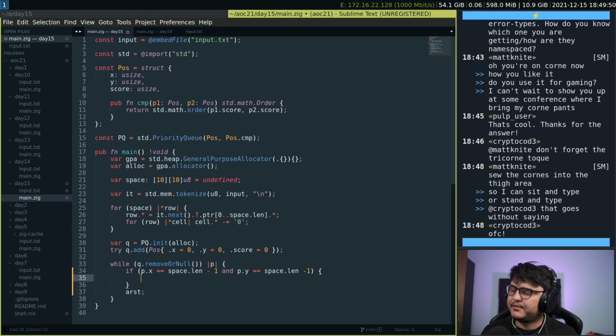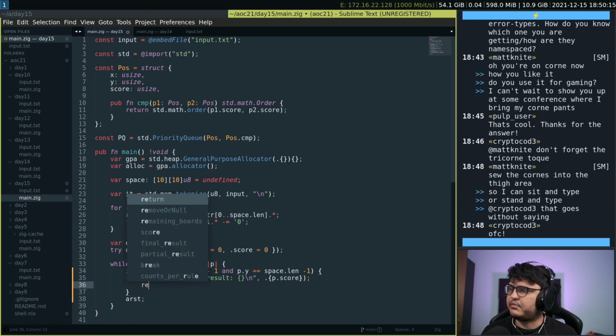So std.debug.print, and so we print the score and we are good. We return.